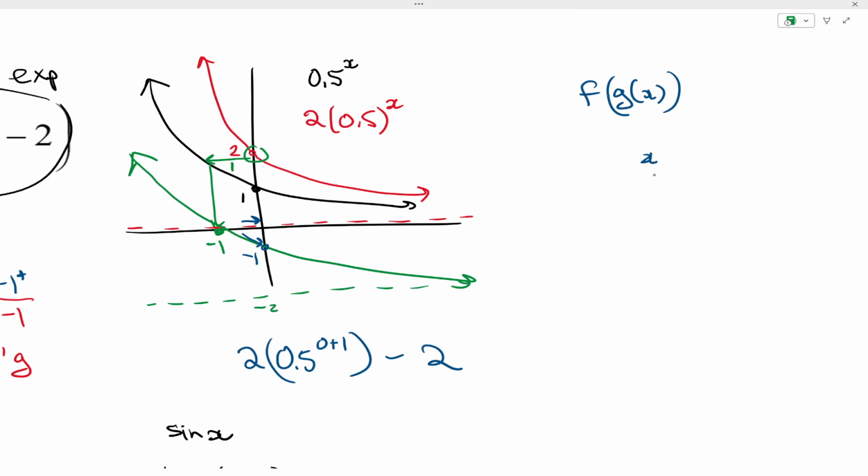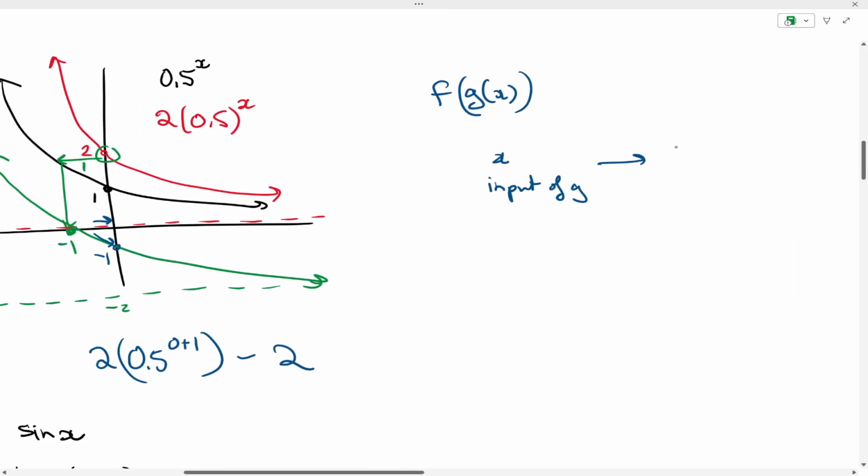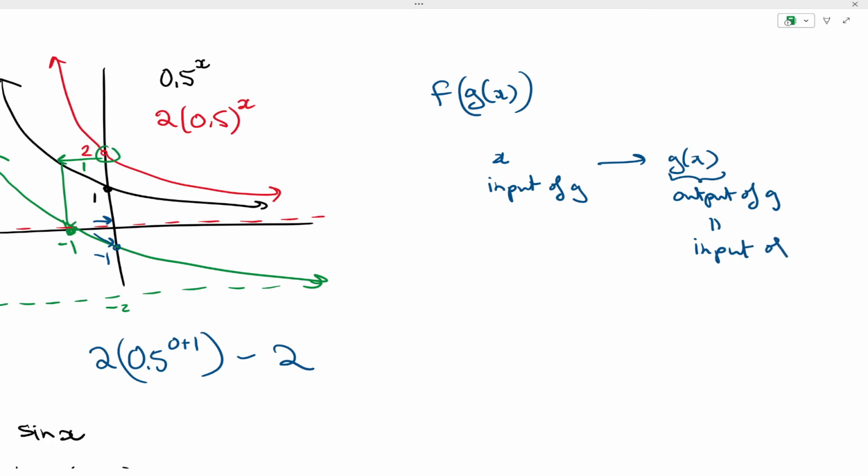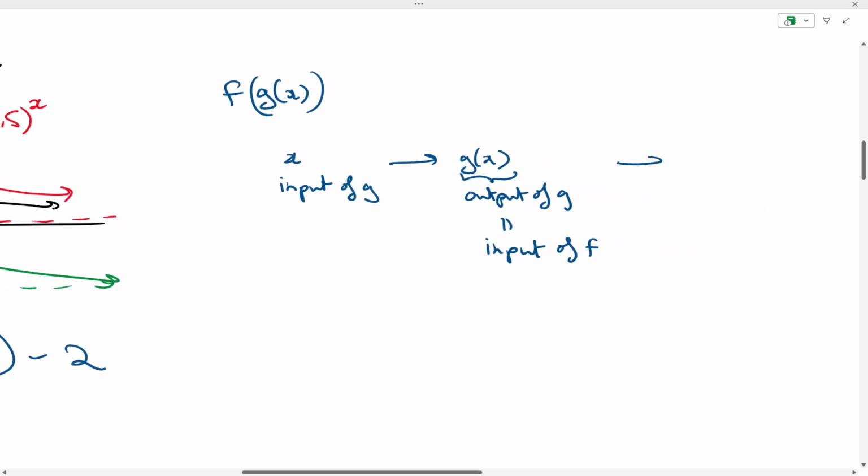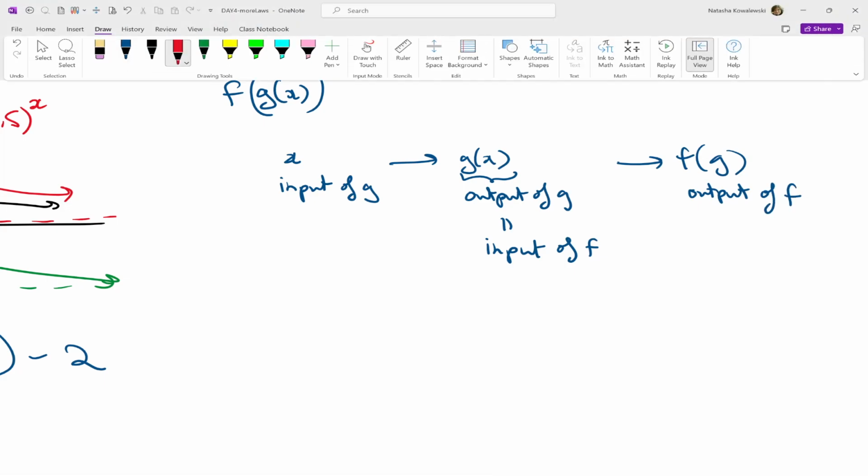So x is considered the input of G. Then once you figure out what that value is, G of x, this whole thing is an output of G, but it becomes the input of the outer function F. And then you apply F to it and say F of G. And now that's the output of the F. So when we're talking about output, think of it as Y values.